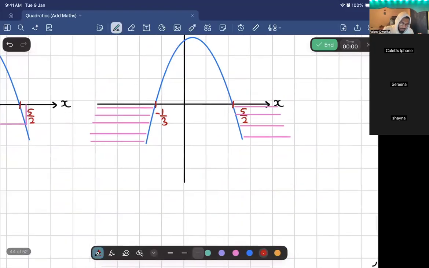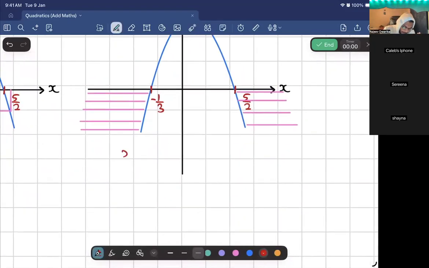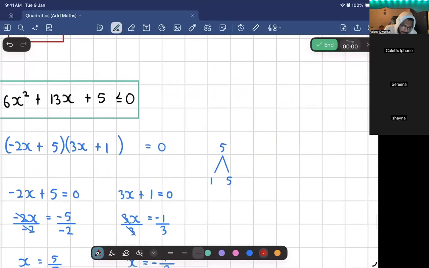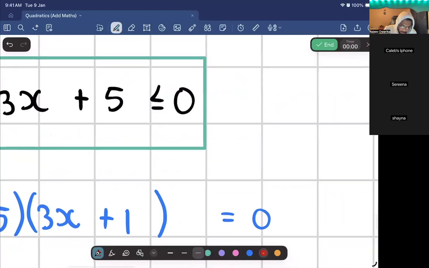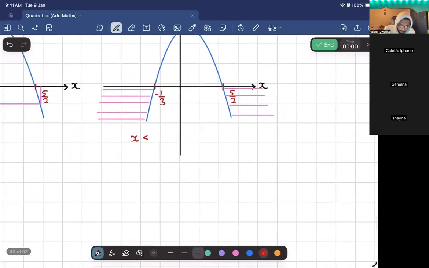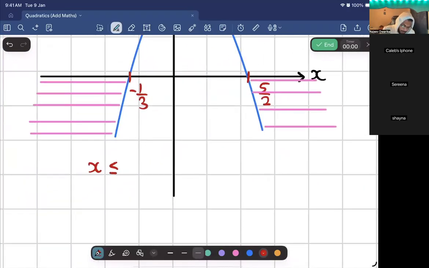Instead, I am going to write, well, this would be x is what? Less than or equal to negative a third, right, because of the sign. It said less than or equal to. So we are going to include equal to, right? x is less than or equal to minus a third.